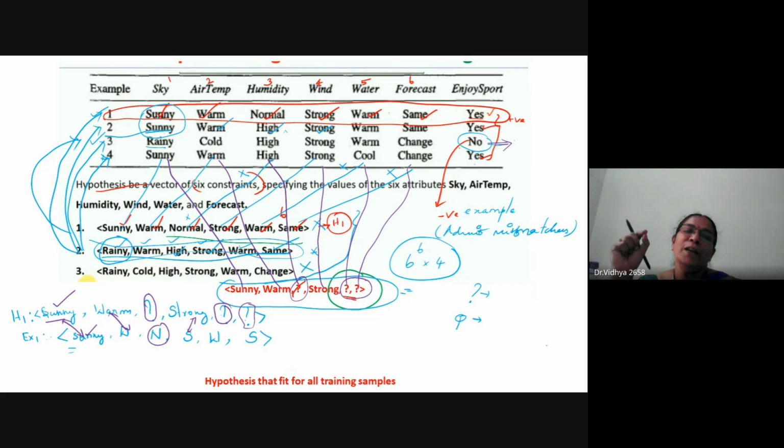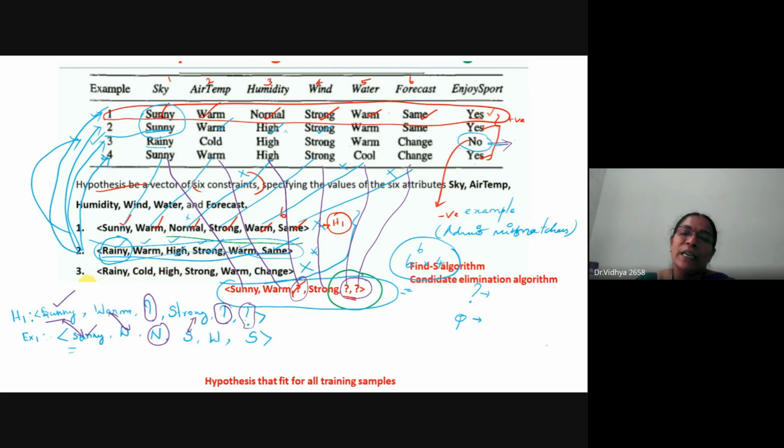Similarly, for 4 examples, it should be multiplied by 4. So you will be getting a big value of combinations. Checking all these combinations one by one is a tedious task. So we are moving to a set of little advanced techniques like the Find-S algorithm as well as the candidate elimination algorithm.